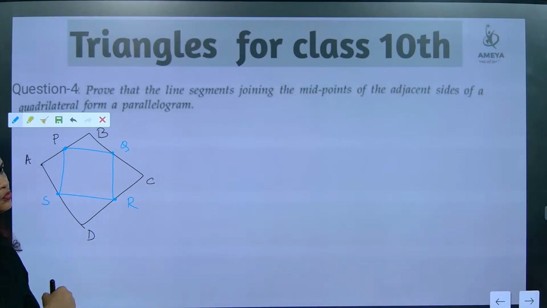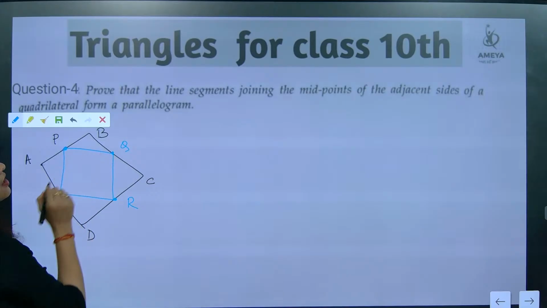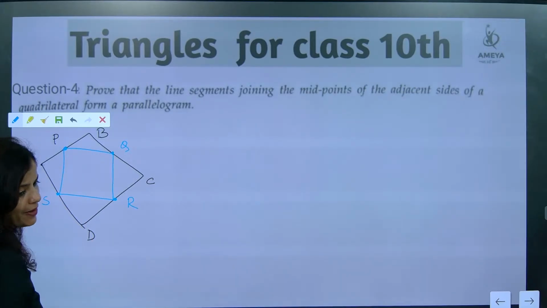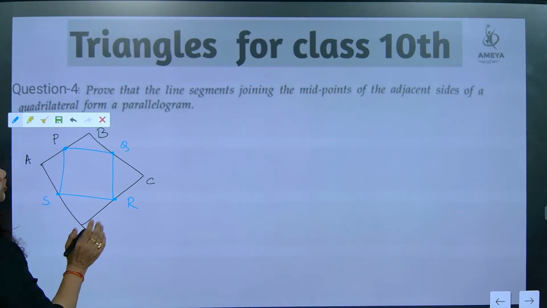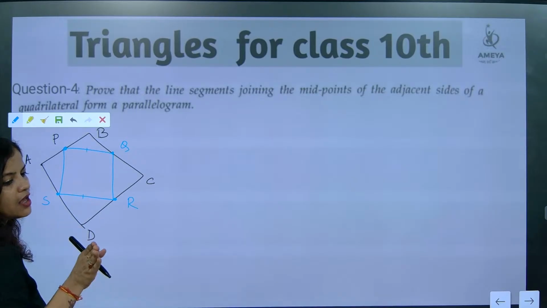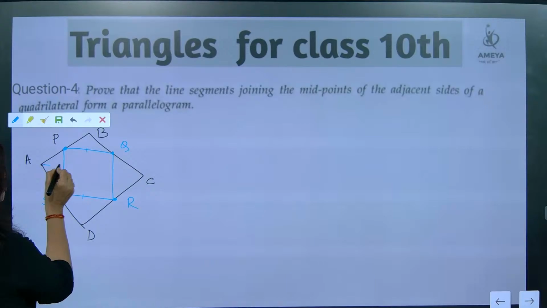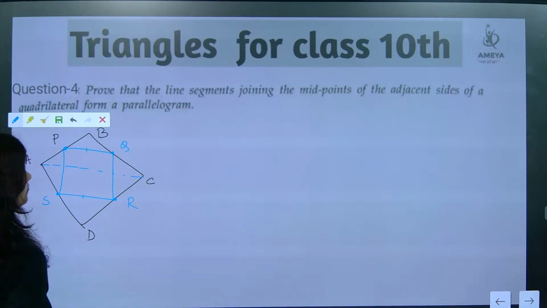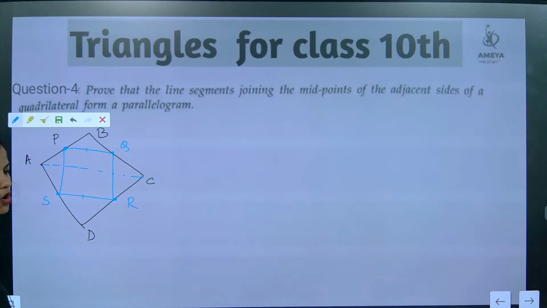And now what we have to prove? We have to prove that it is a parallelogram. For proving it is a parallelogram, we need to prove that opposite sides are parallel. For that, beta, we will just do one construction. We will join AC. Done?